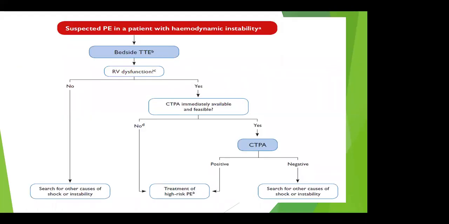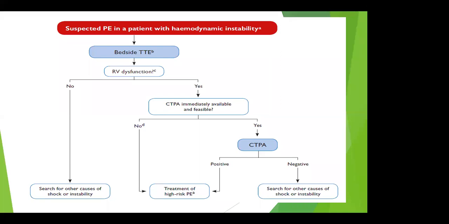The approach to diagnosis for PE differs between patients with hemodynamic instability and those without. For a patient with hemodynamic instability, in which the patient comes in with shock, the further management and diagnosis will depend on the bedside echocardiography, whether it shows right ventricular dysfunction or not.